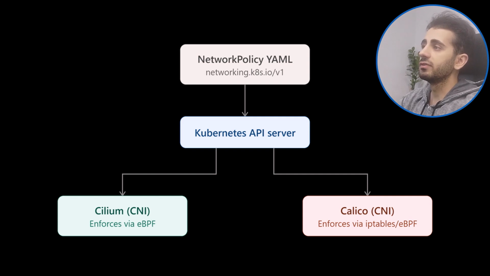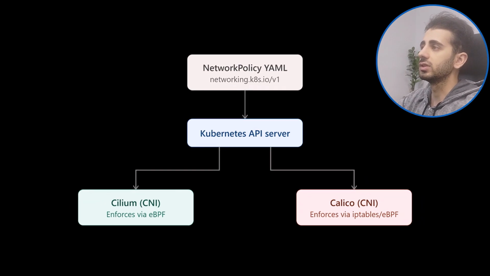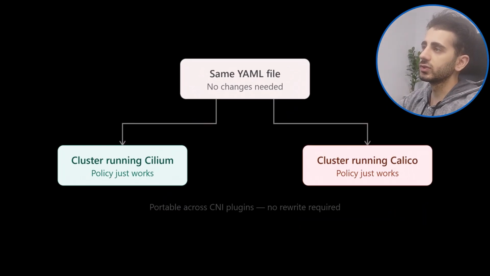So every time we applied one of those Kubernetes network policies, Cilium translates that policy and enforces it on the network. If this cluster were using Calico instead of Cilium, we could use the exact same YAML and Calico would enforce it instead. And that's one of the nice things about the Kubernetes Network Policy API. It's portable, right? You can move between different CNI plugins without rewriting your policies.